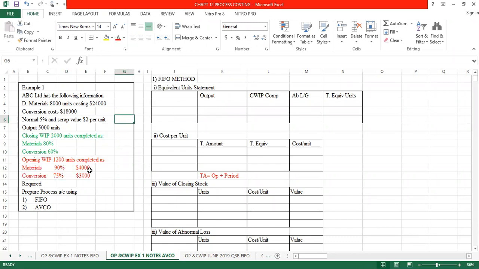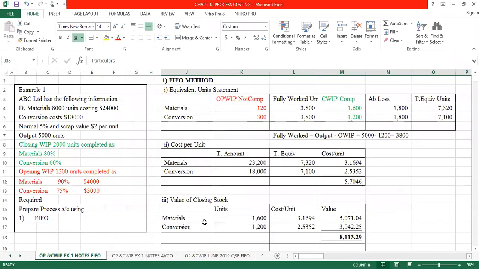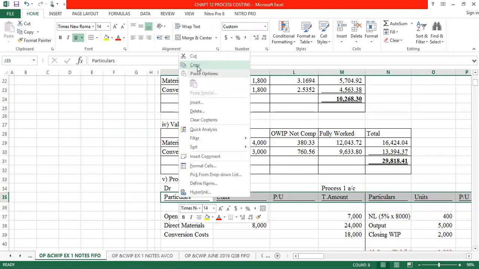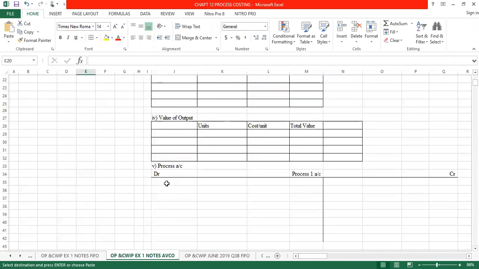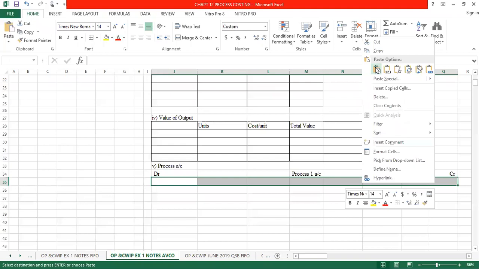So required, prepare the process account. Now we are not using FIFO. We are now using which method? AVCO. We are now using AVCO, the same question. Of course, we always start with the process account. I'll copy that so that we save our time. We post it there, okay?